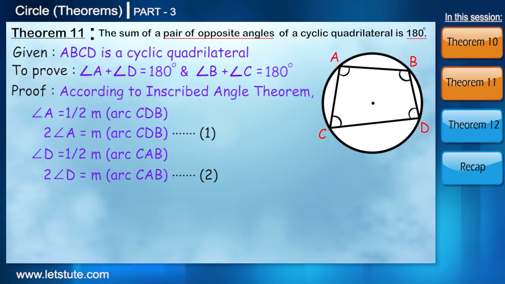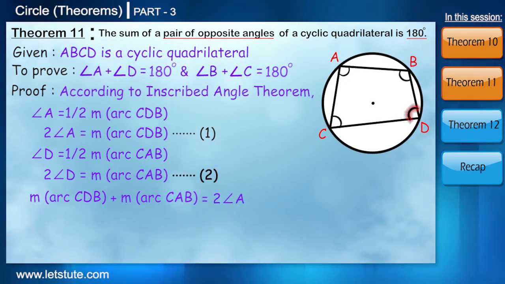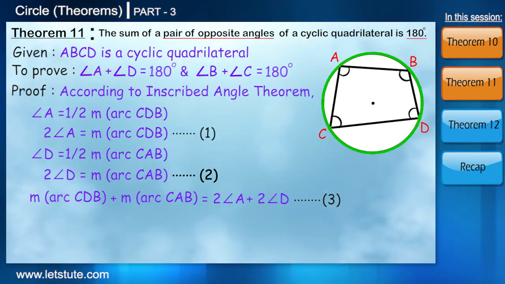Now let's add 1 and 2. Measure of arc CDB plus measure of arc CAB is equal to twice angle A plus twice angle D. We can see that arc CAB and arc CDB form the complete circle. So we can say that the addition of them is going to be 360 degrees.